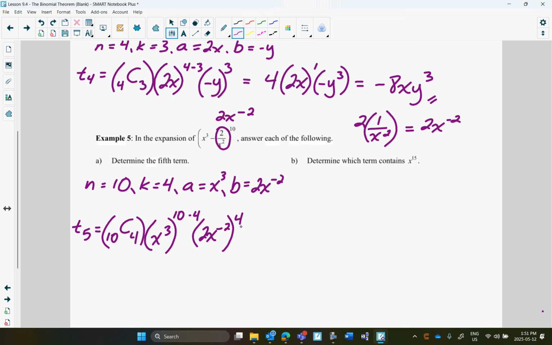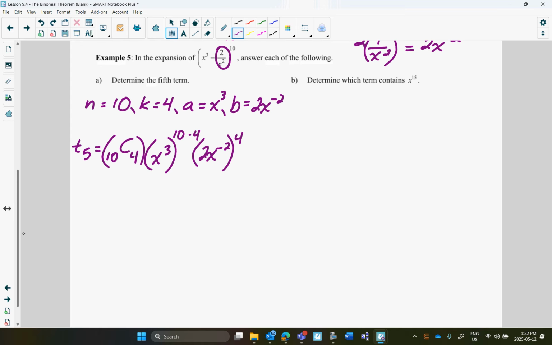You should be able to get there because that's just plugging in using the formula. Now I'm going to use the calculator. 10 choose 4 gives you 210. This simplifies to x to the third to the sixth.